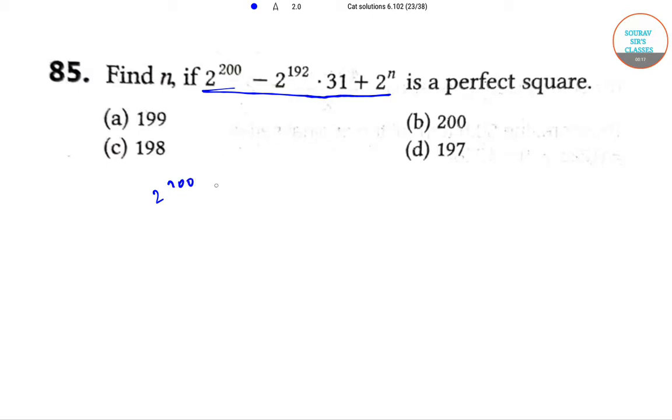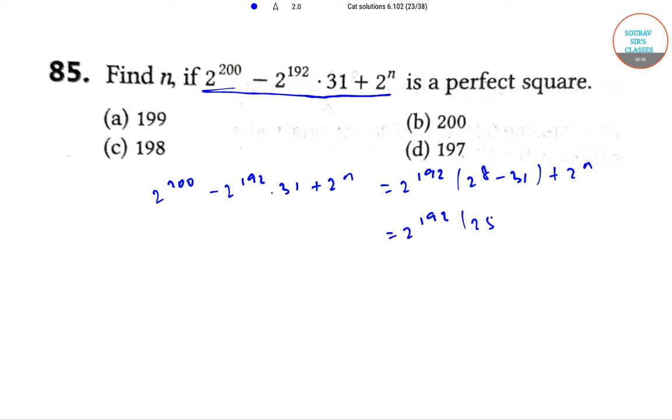So 2^200 − 2^192 × 31 + 2^n is equal to 2^192 × (2^8 − 31) + 2^n, that is 2^192 × (256 − 31) + 2^n, that is 2^192 × 225 + 2^n.